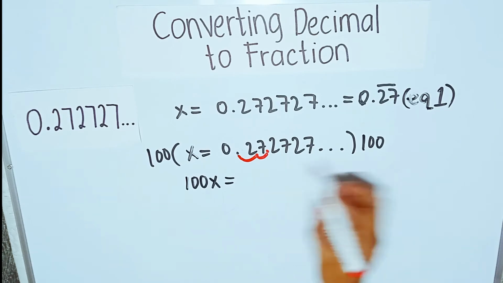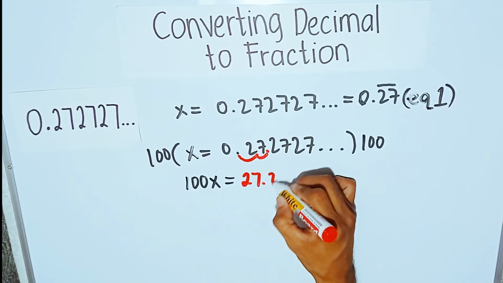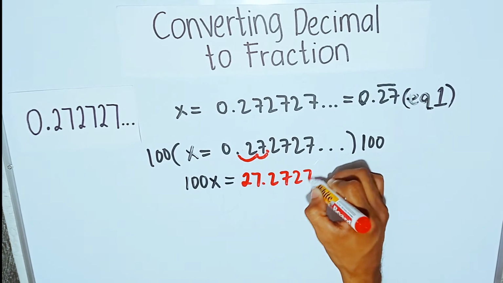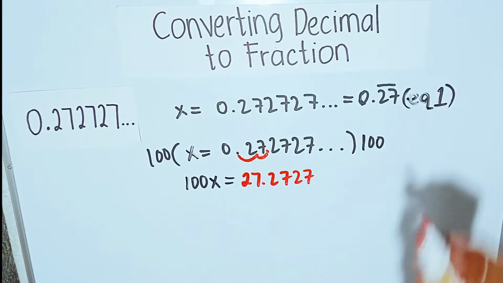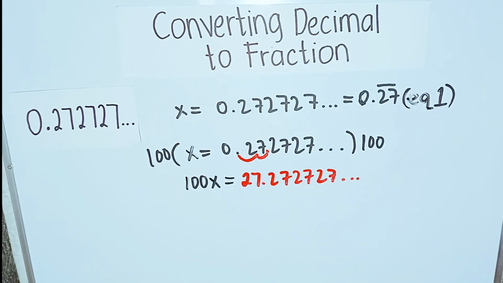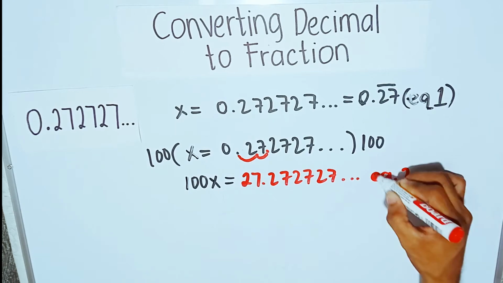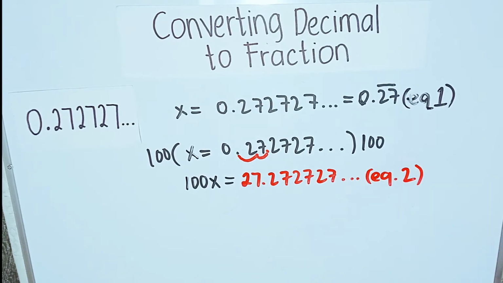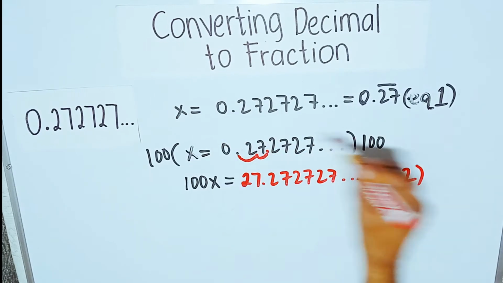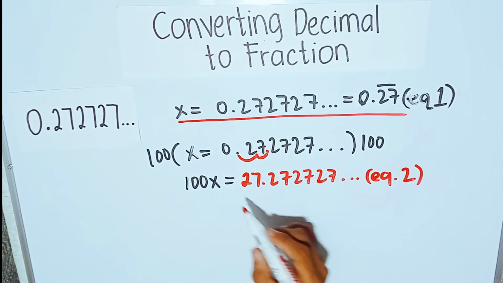Therefore, pag na-multiply natin, meron na tayong 27.2727... Since ellipsis yan, pwede ulit tayo magdagdag ng 27. Ellipsis pa rin. Okay, ito yung magiging equation 2 natin.